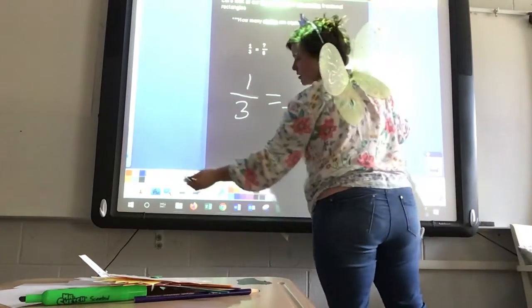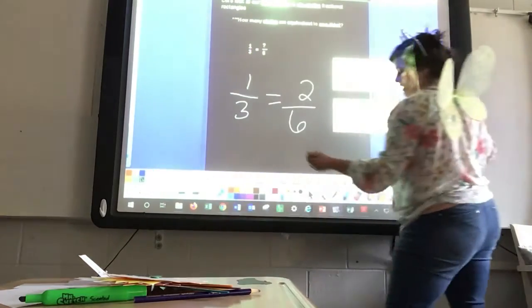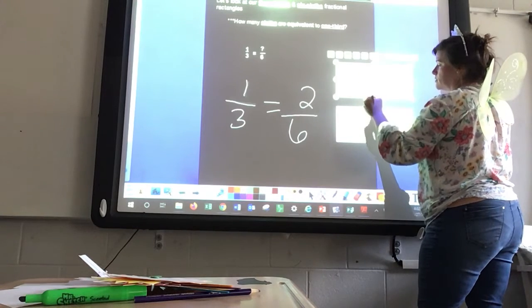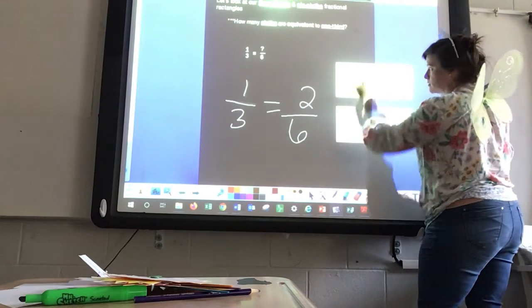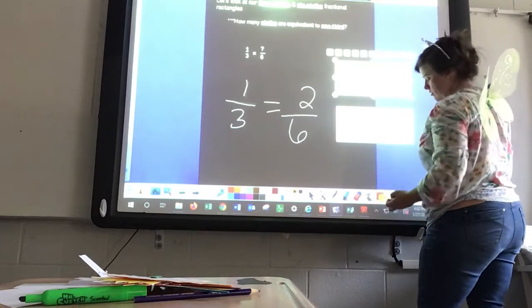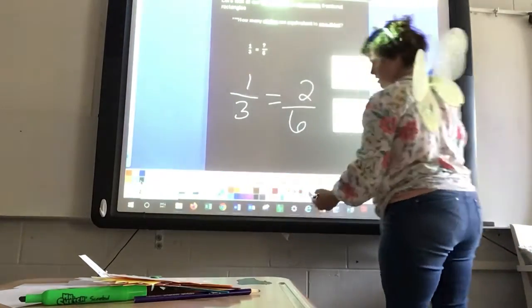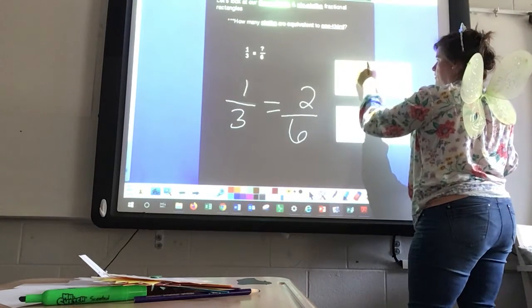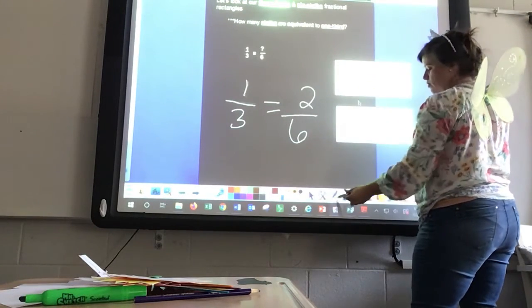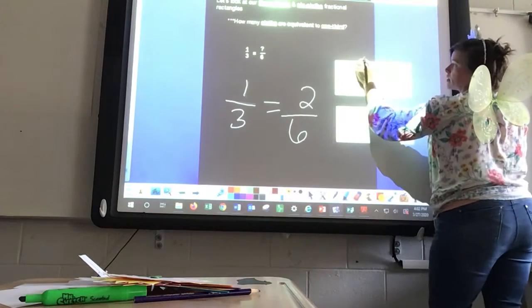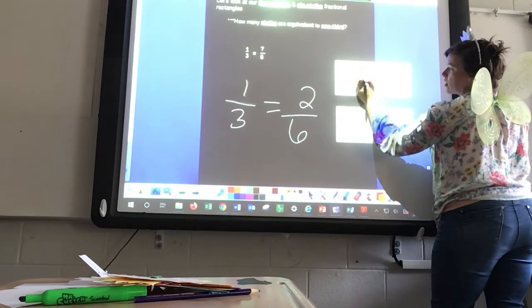I want to do black so it'll actually show up. I'm just going to use my pen instead of the other option.